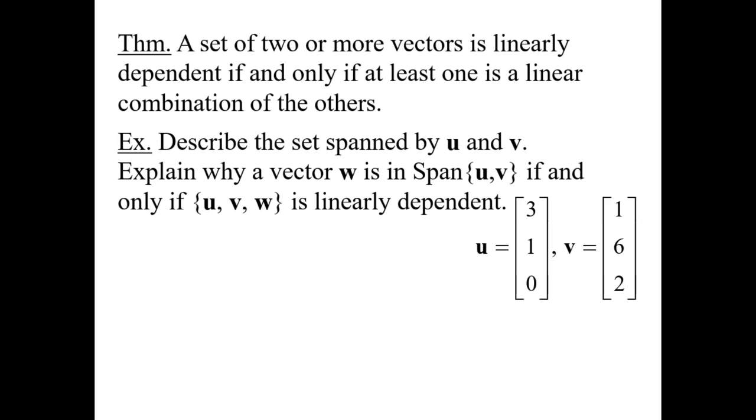Let's start with that. Every vector in this span, I'll call it w, is c1u plus c2v. The span means the set of all vectors that are linear combinations of u and v. So w is a constant times u plus another constant times v.